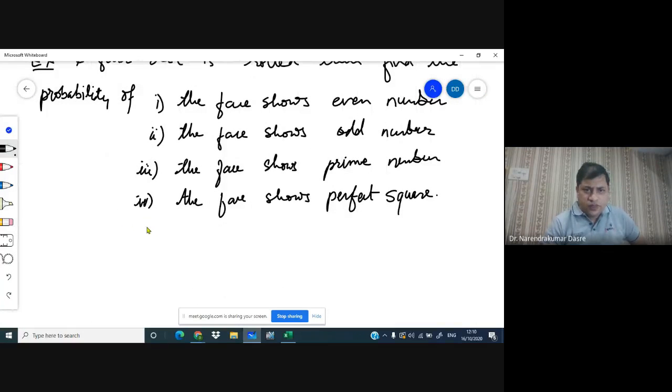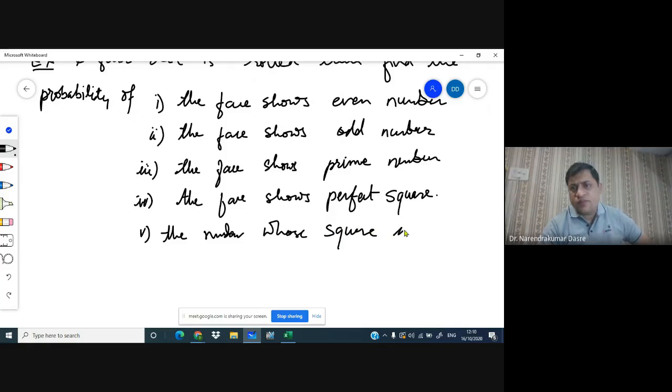Fifth, the number whose square is less than 10.